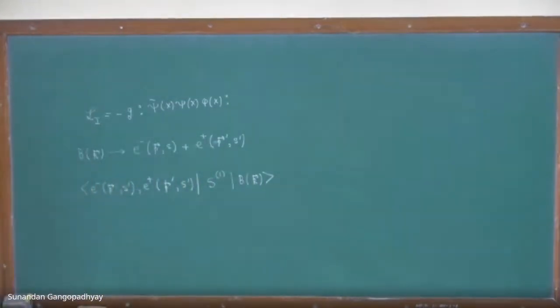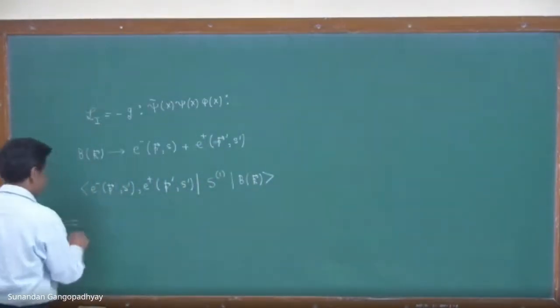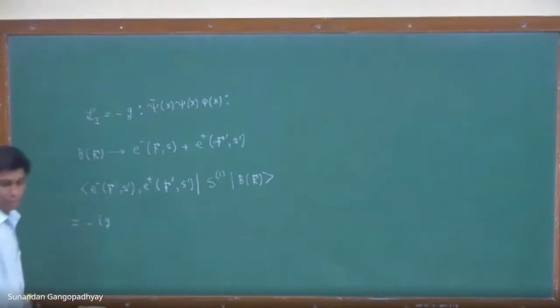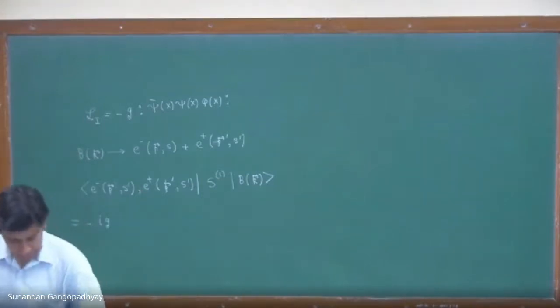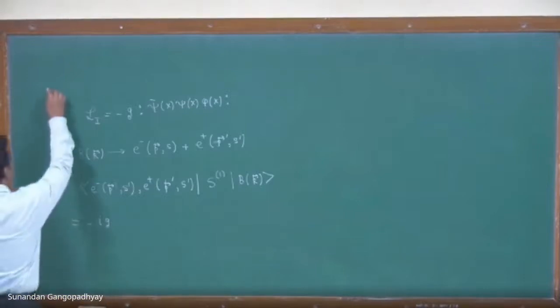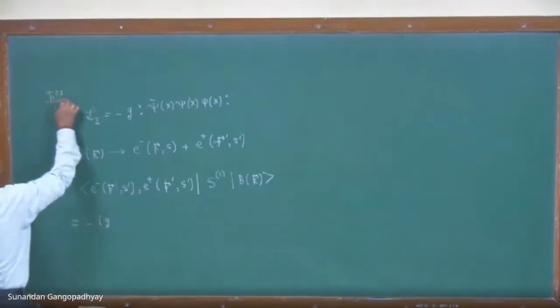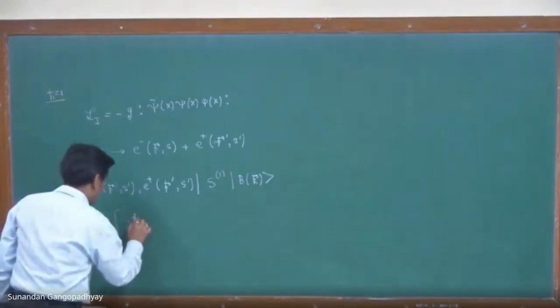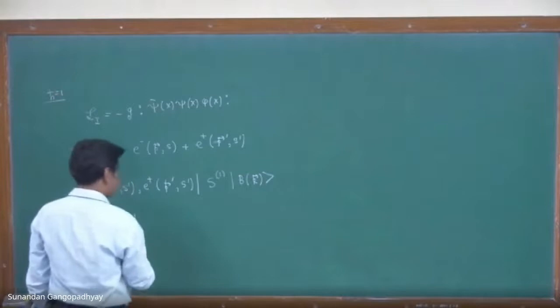We are calculating this thing, and this cannot be the following. Z has got to be equal to 1, then x.